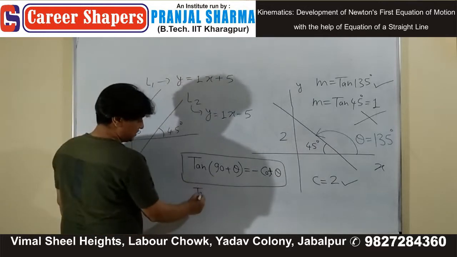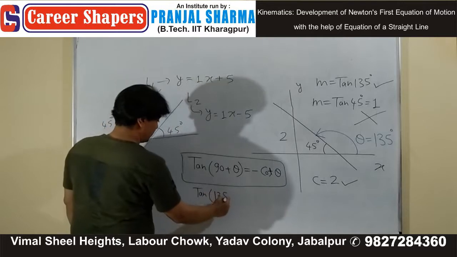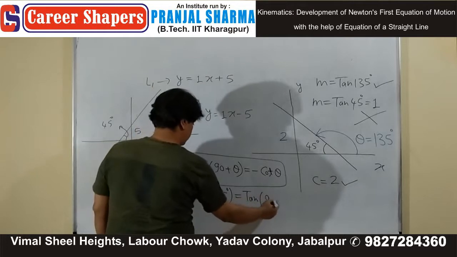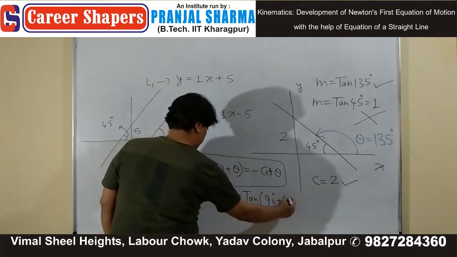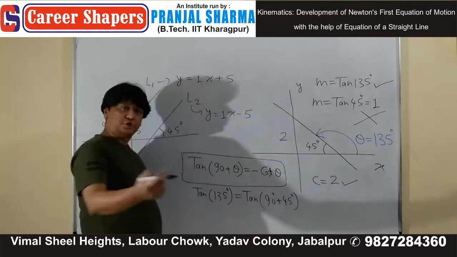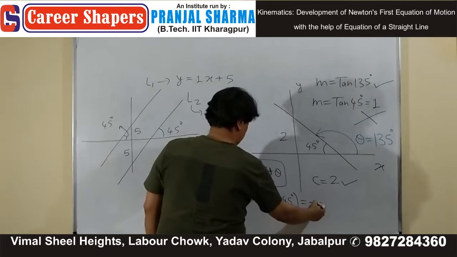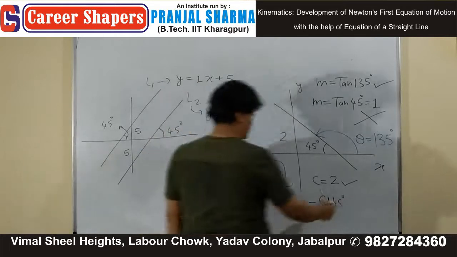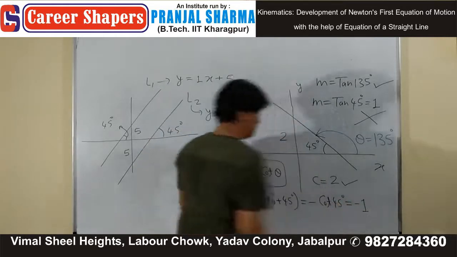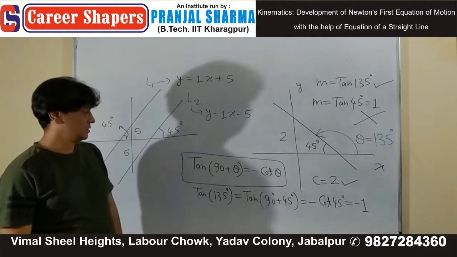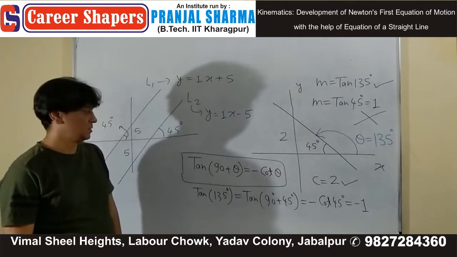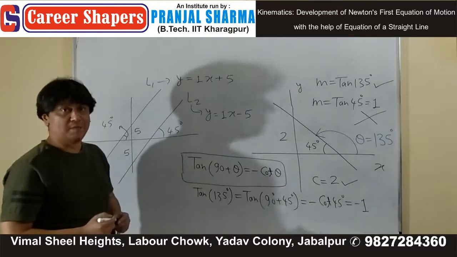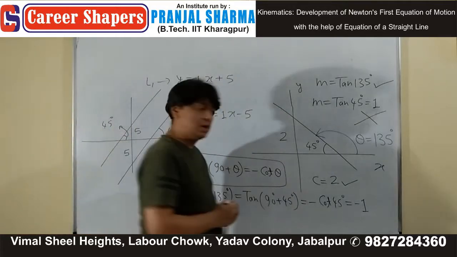If somebody says find out tan of 135, we'll write it as tan of 90 plus 45 degrees, which is minus of cot 45, and you know what cot 45 is, minus of 1. So your tan 135 is coming minus 1.